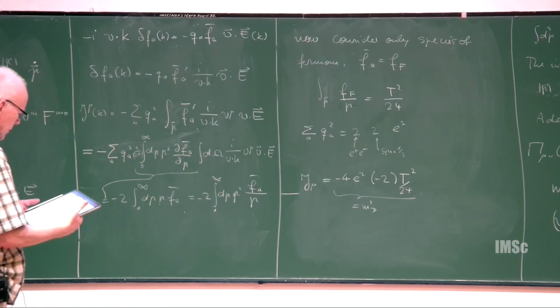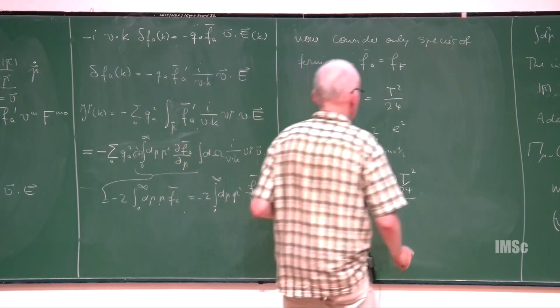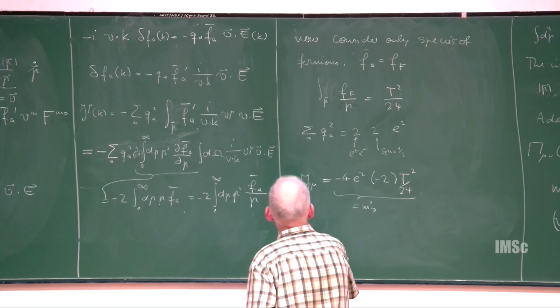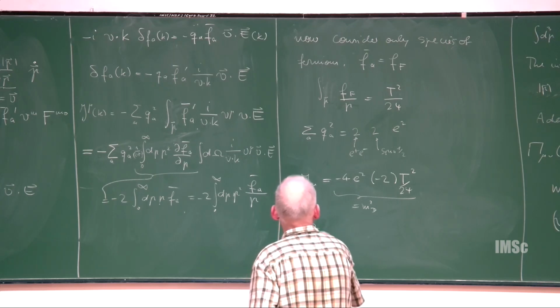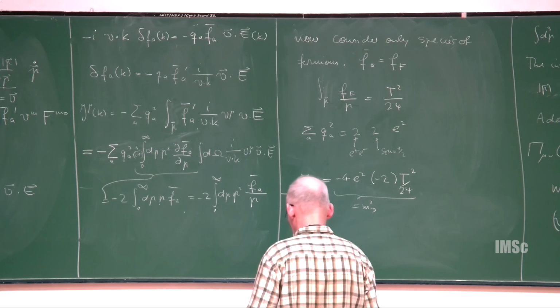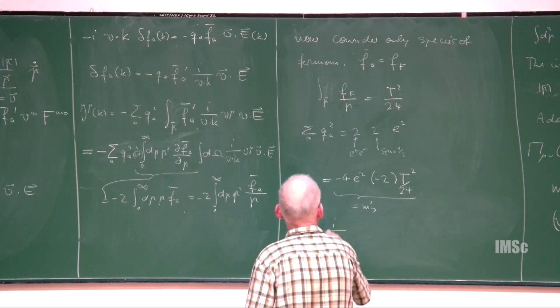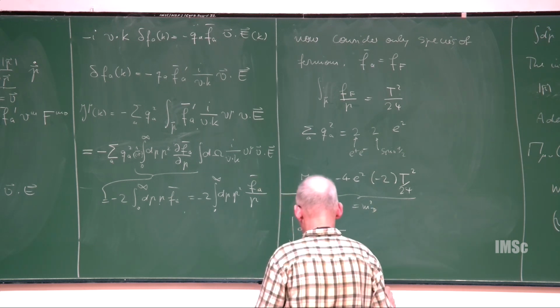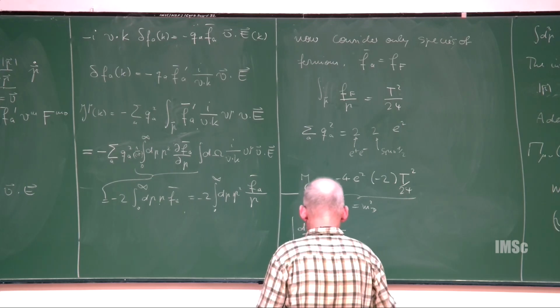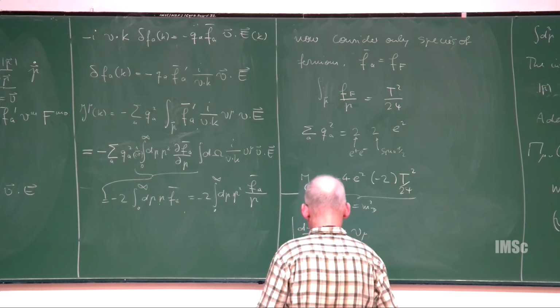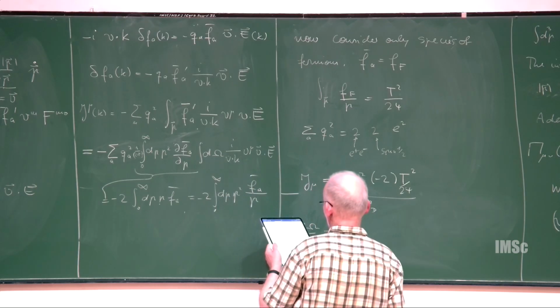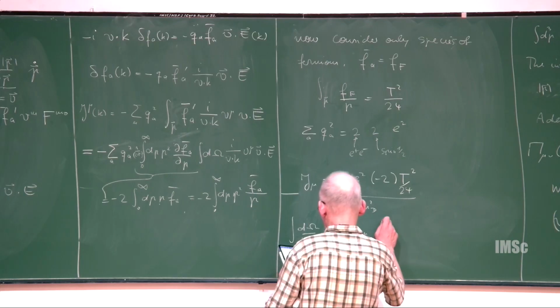And now comes the angular integral which is left, so dΩ over 4π, with the i over v·k from here. Then what else? I have a v^μ, and then this here, which again I write in terms of the field strength tensor.